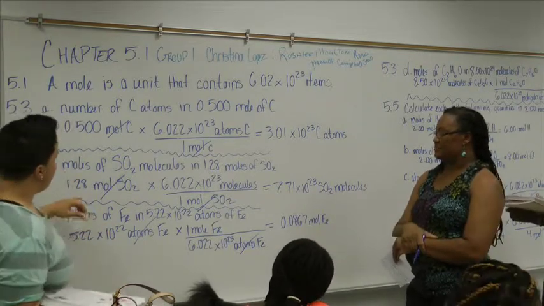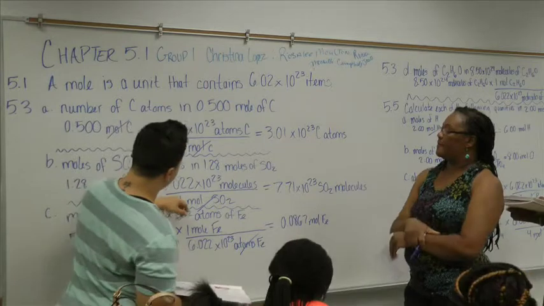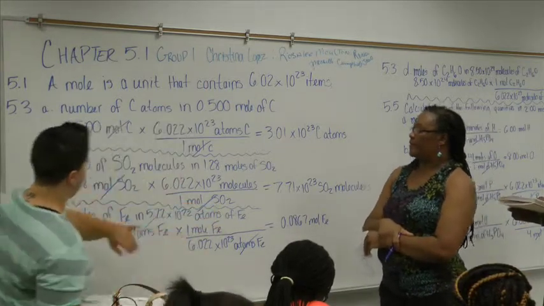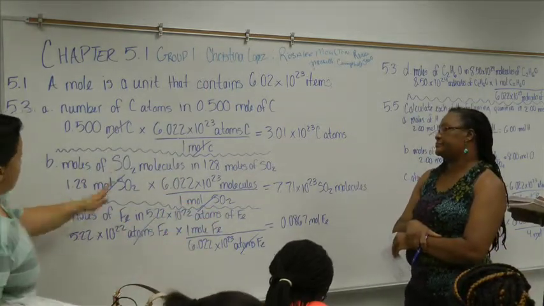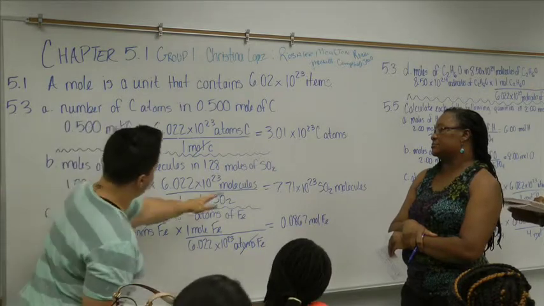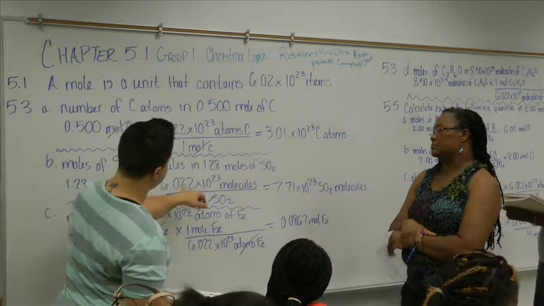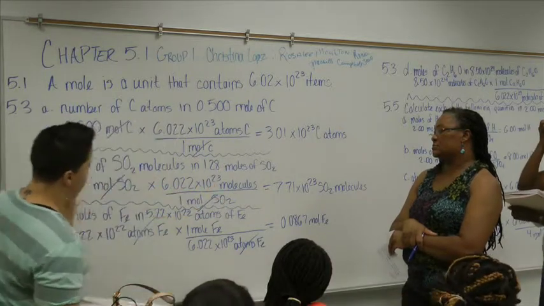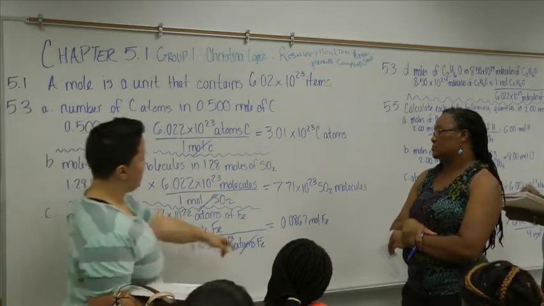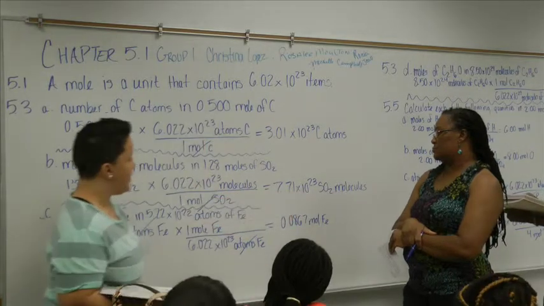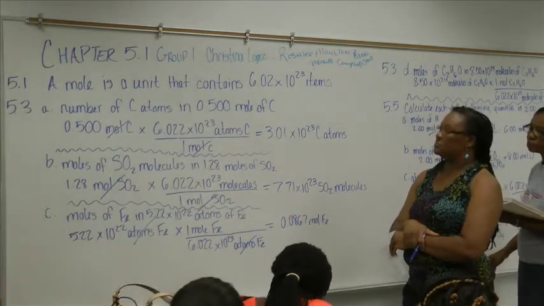Okay. So we're doing Avogadro's number over 1 mole of sulfur dioxide. So this cancels out as well as this, leaving us with 1.28 times 6.022 times 10 to the 23rd molecules. And that should yield 7.71 times 10 to the 23rd. Did you actually get those same numbers, right?